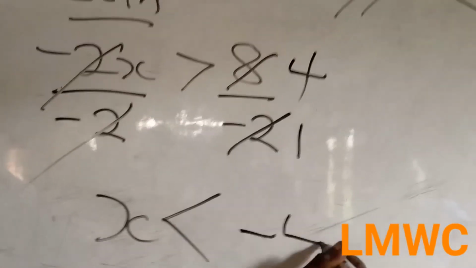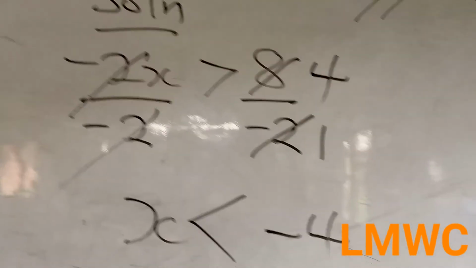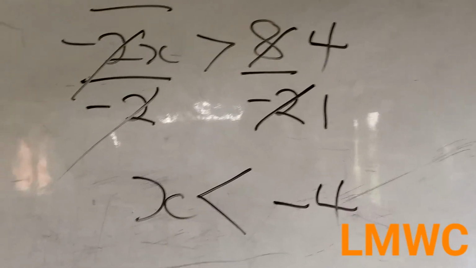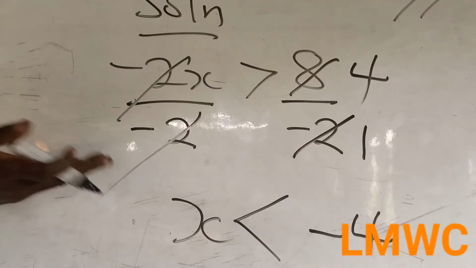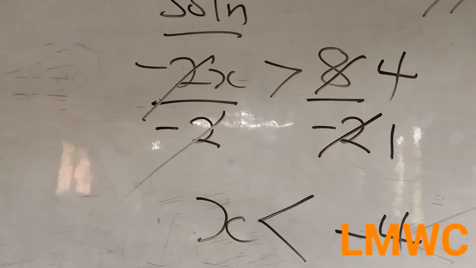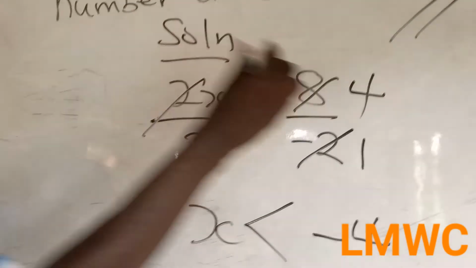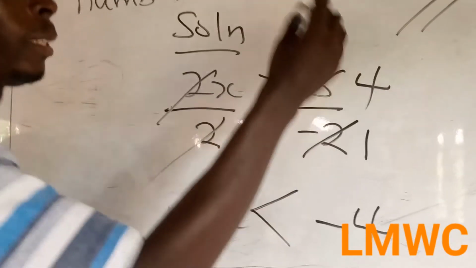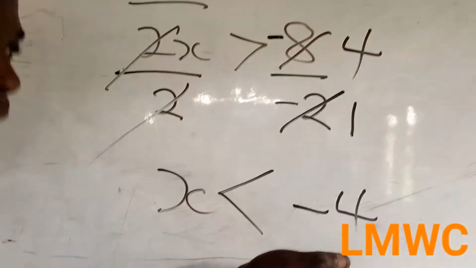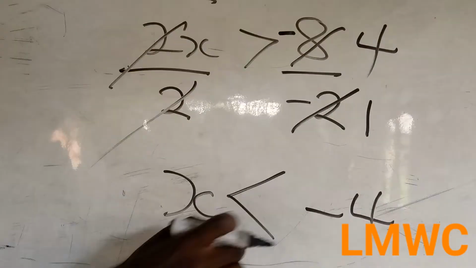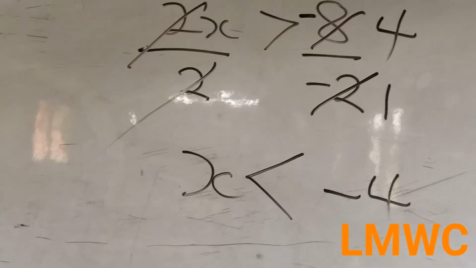It becomes negative 4. People always get confused when we reach this part, because they normally think that if here was supposed to be 2 and this portion was negative 8, once you get a negative answer, the symbol should change. That's not the case.